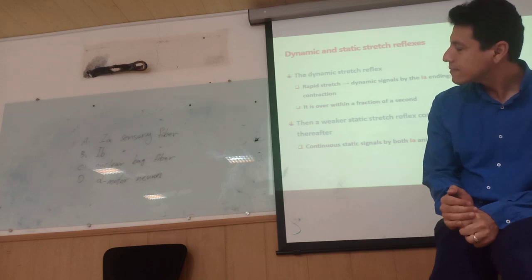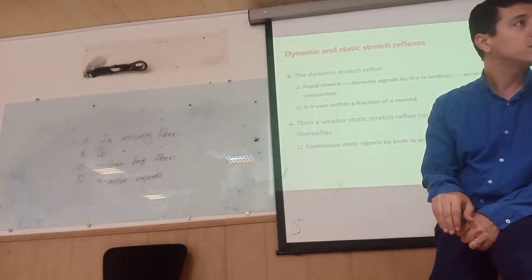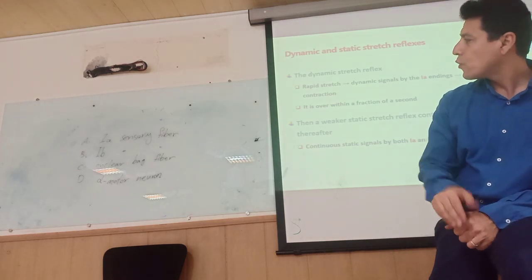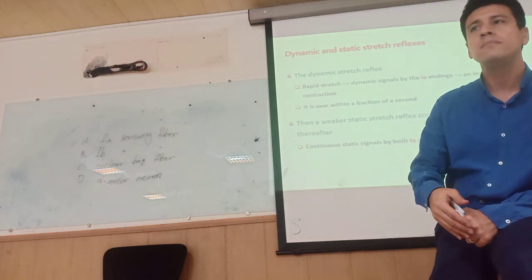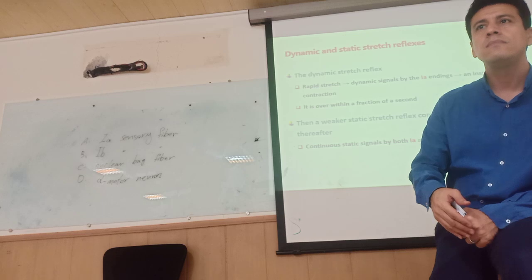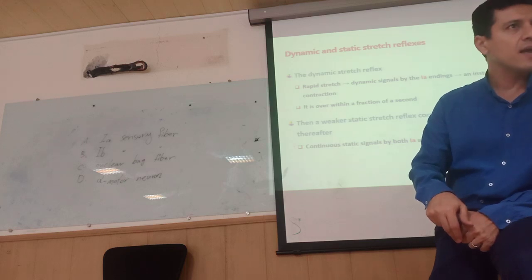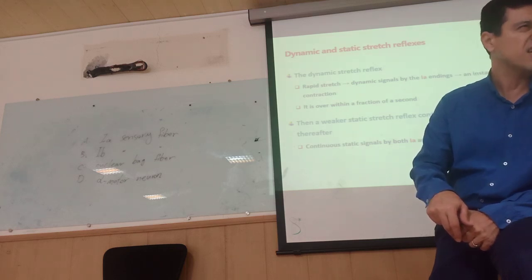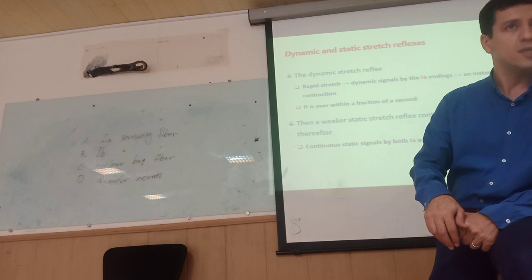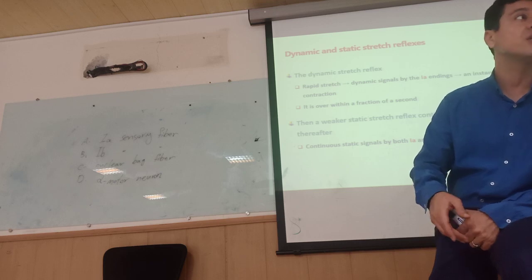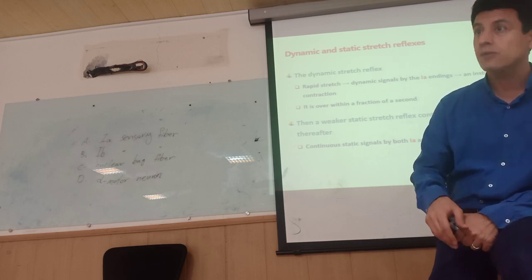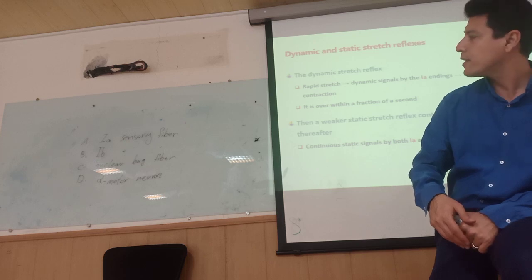B is the answer. Why not C? It is dynamic. Yeah. So the knee-jerk reflex is a dynamic reflex, right? Nuclear bag fibers are the origin of the dynamic reflex, so they are involved, for sure. What about D?